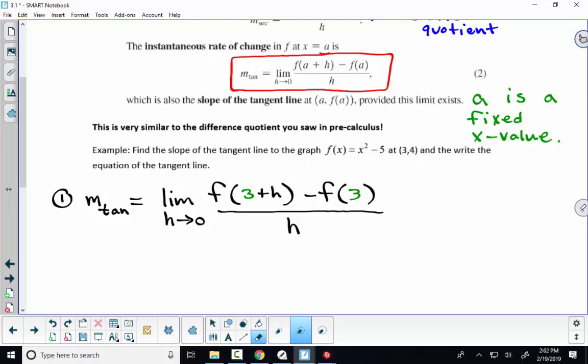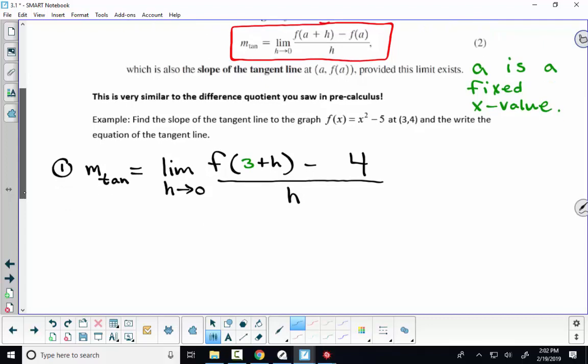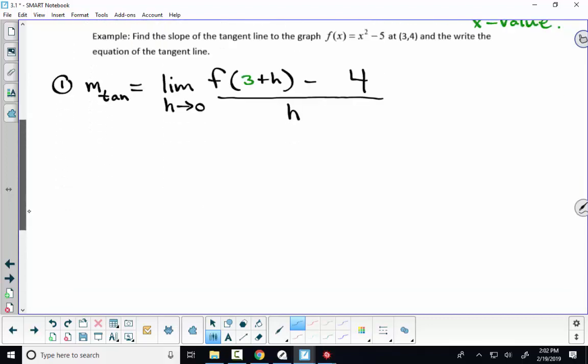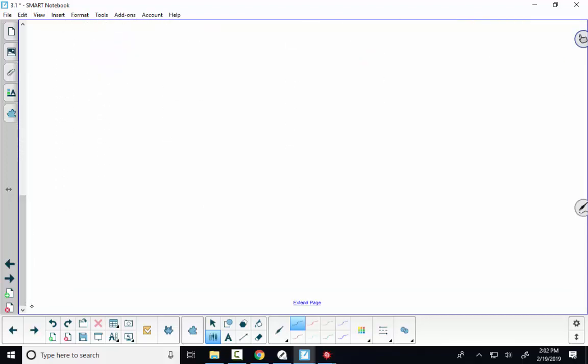We are given f of 3, however. So let's maybe off to the side compute f of 3 plus h.